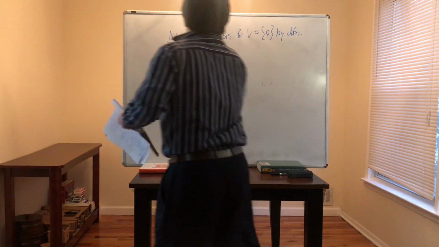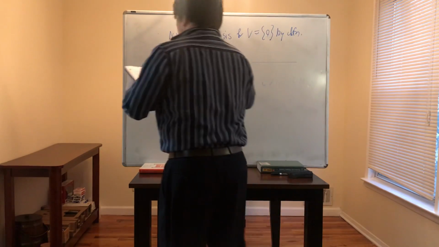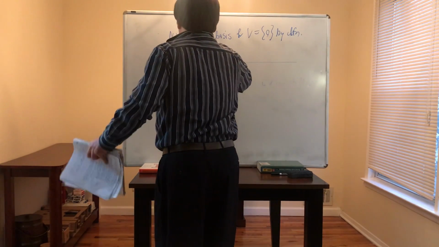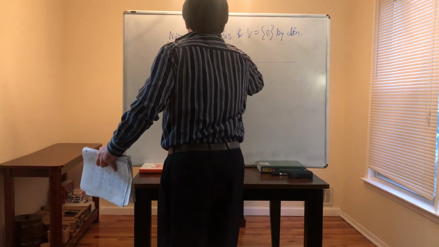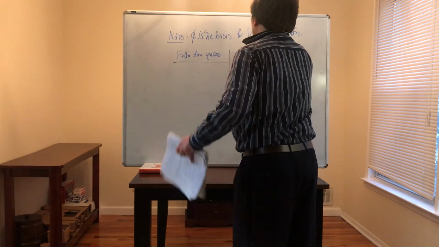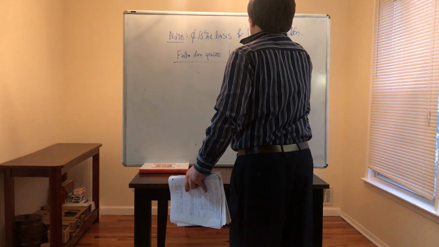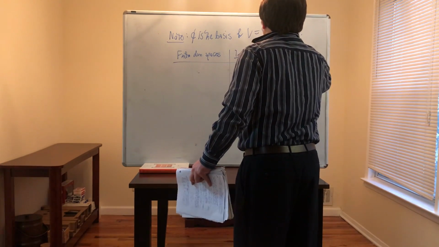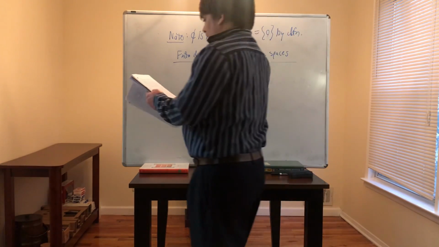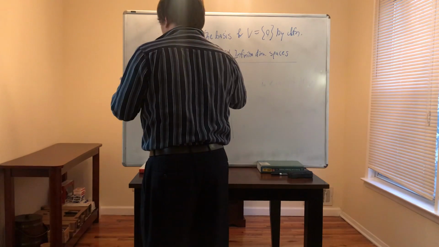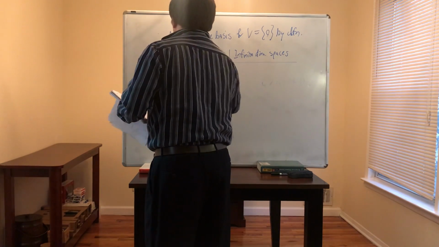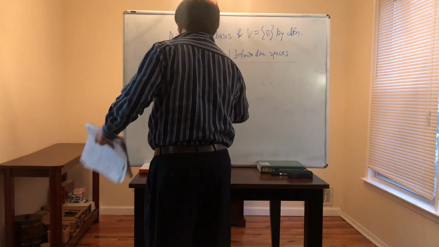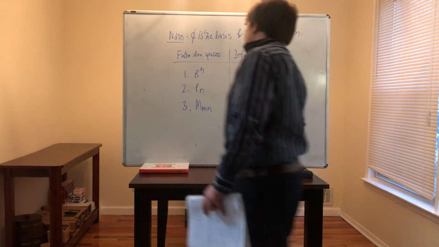Okay, and then I'm going to put a table up here. And these are finite dimensional spaces, and these are infinite dimensional spaces. So the first finite dimensional space is R to the n. The second one is P sub n, and the third one is capital M sub mn.